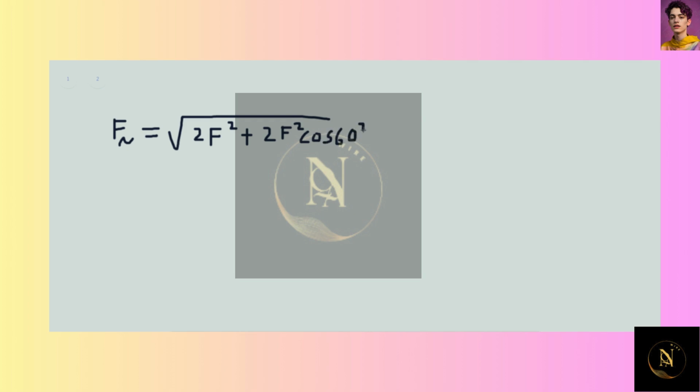Oh, 60 degrees, not 60 squared. That was supposed to be a degrees sign, a little typo there. Okay, so we're going to pull the F squared out front. You square root an F squared, that just becomes F. So you end up with F times the square root of 2 plus 2 times the cosine of 60. So this ends up being F times the square root of 3.